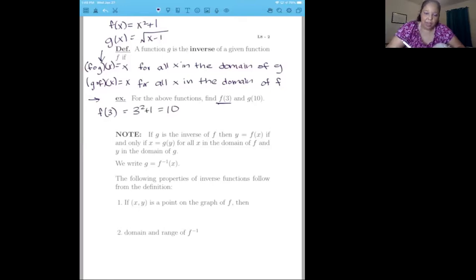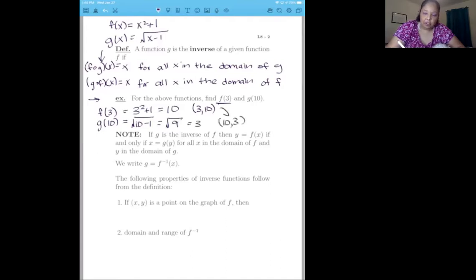So that point on the graph would be (3, 10). Now, if I plug 10 into my function g, the inverse of f, then I get the square root of 10 minus 1, which is the square root of 9, which is 3.